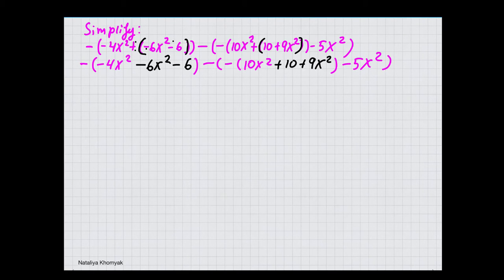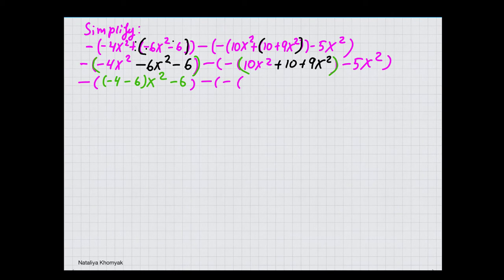Now we have two sets of parentheses that open and close on themselves again. But this time there are like terms on the inside that we are going to simplify first. So we have negative parentheses, negative 4, negative 6 of x to the second, minus 6.